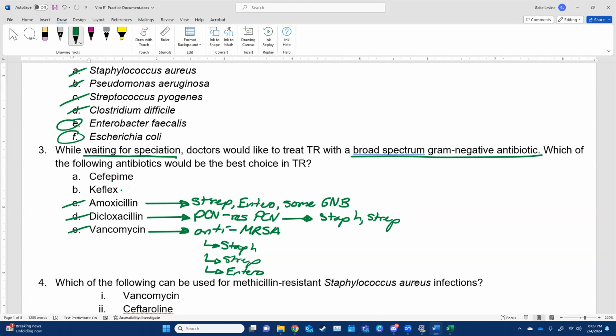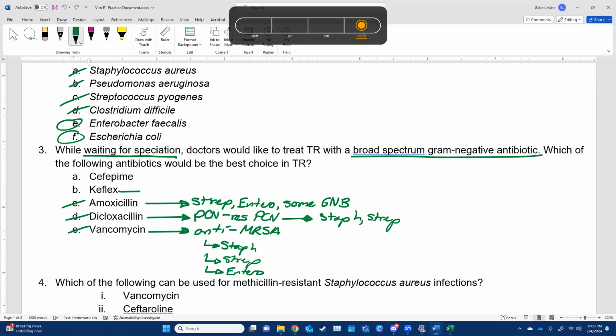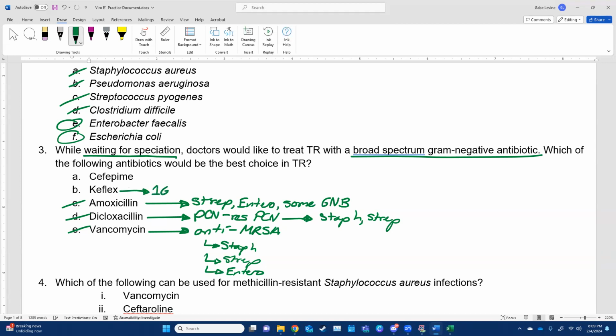What about Keflex? What class is Keflex from? First gen. When we talk about first gen cephalosporins, what are we talking about? What acronym?